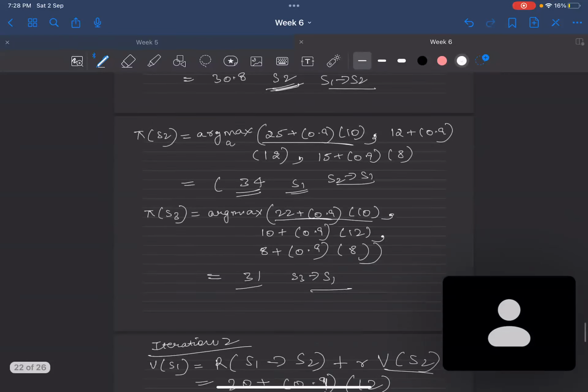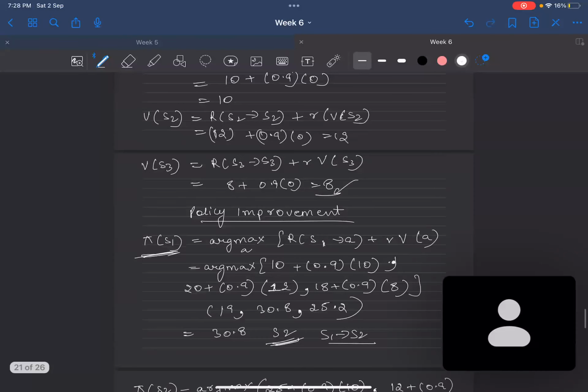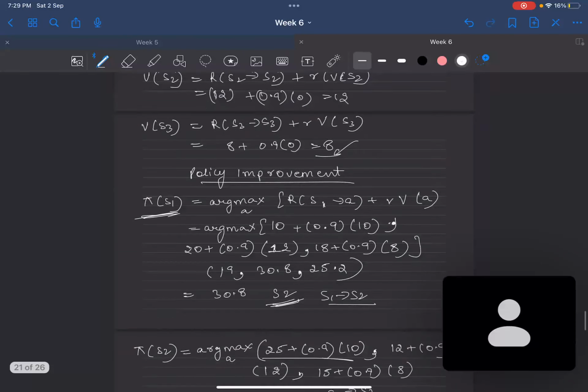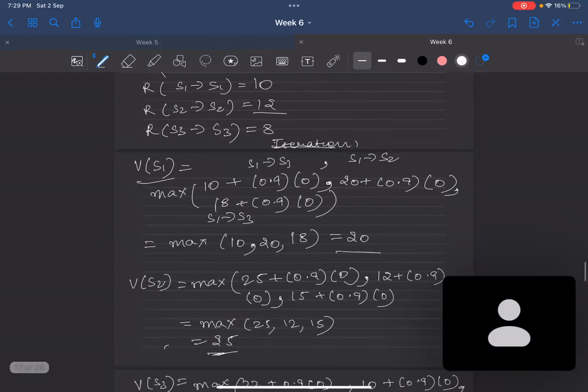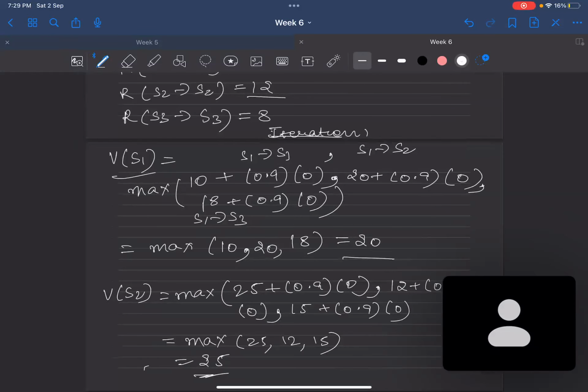In value iteration, the same initial random policy is iterated repeatedly. Am I taking any arbitrary policy in value iteration? In value iteration, S1 to S1, S1 to S2, S1 to S3, I'm considering all the actions.